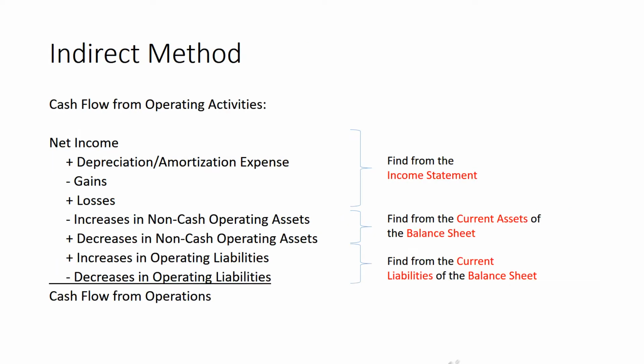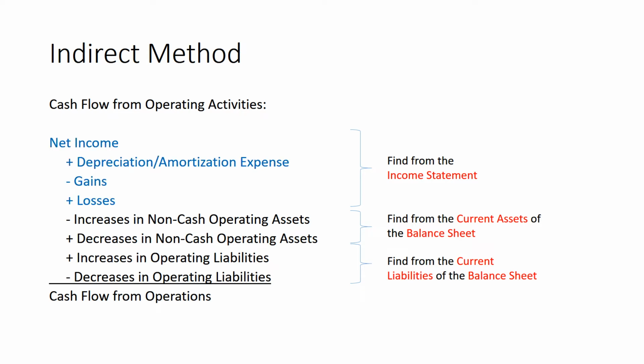We can also prepare the statement of cash flows using the indirect method. What we're going to do is find net income, depreciation expense and/or amortization expense, gains and losses from the income statement. And from the balance sheet, we're going to find any non-cash operating assets as well as operating liabilities.